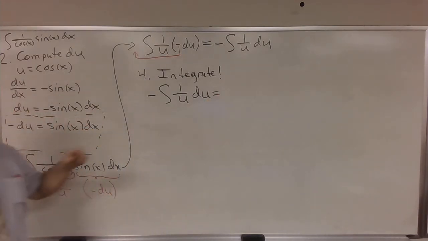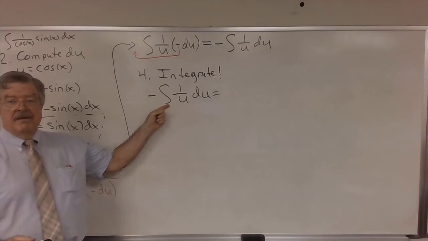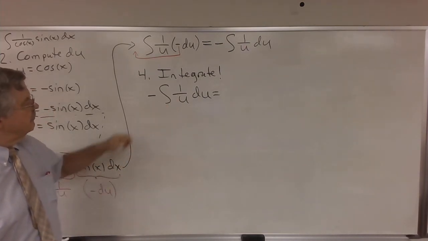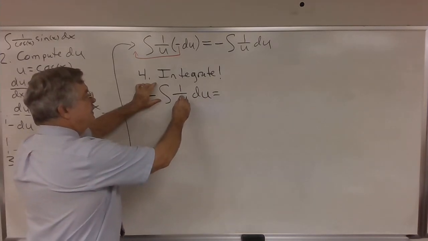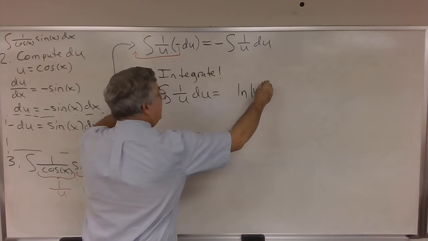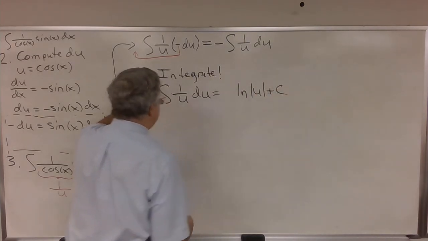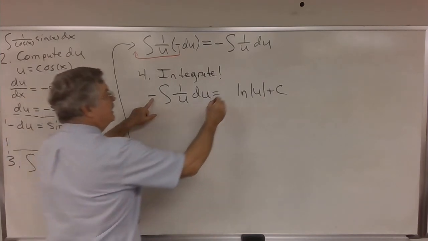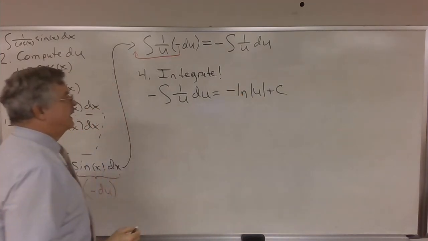And one of our retrospectives from the last problem was that the antiderivative of 1 over u du is natural log absolute value of u plus c. And we have this constant multiplier outside, so that's what we get.